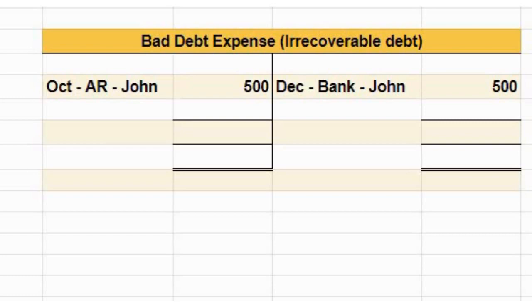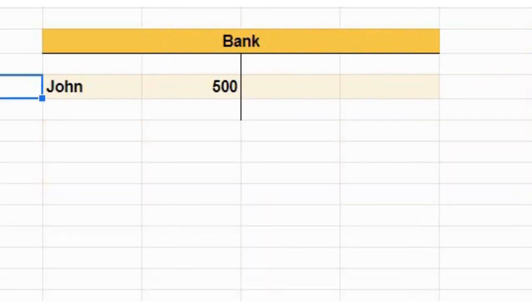So now I'll show method 2. Method 2 involves the accounts receivable control account, and then it involves reversing the entry in the bad debt expense account.